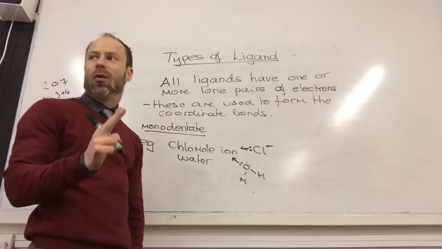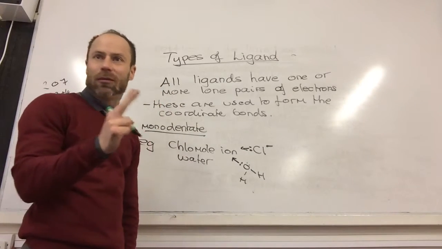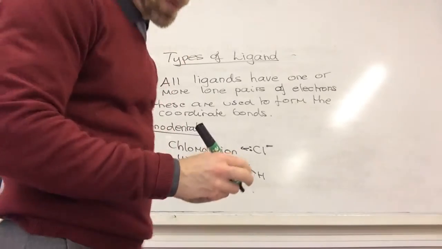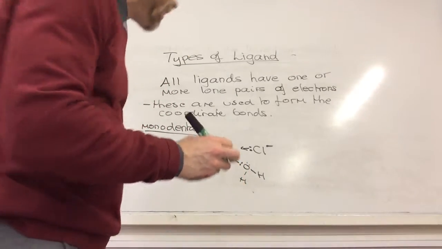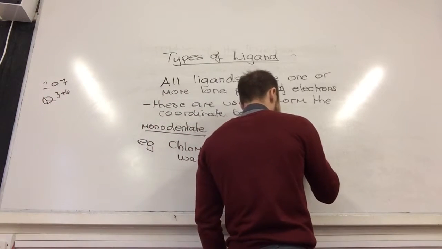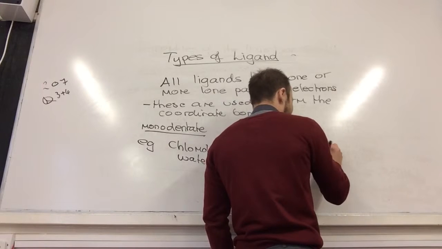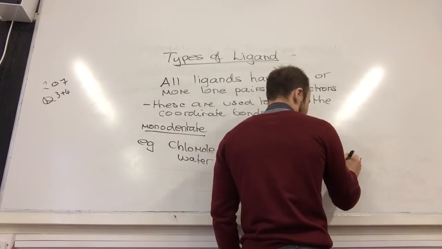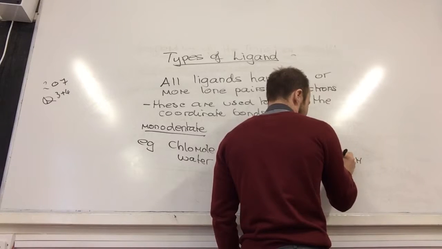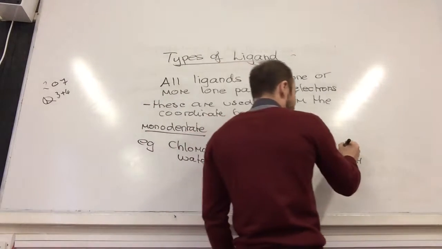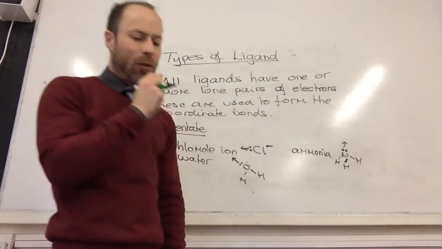Remember, an arrow shows a coordinate bond. Another common one is ammonia, NH3. It's got a lone pair of electrons on the nitrogen that it can use to form a coordinate bond.